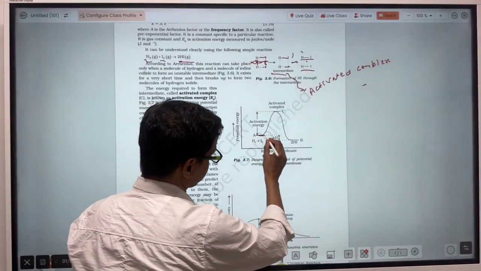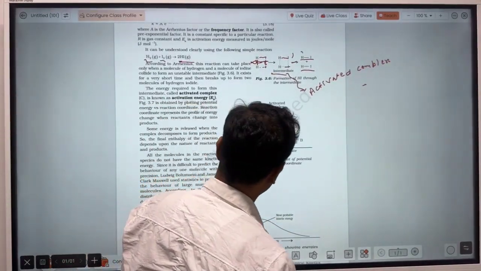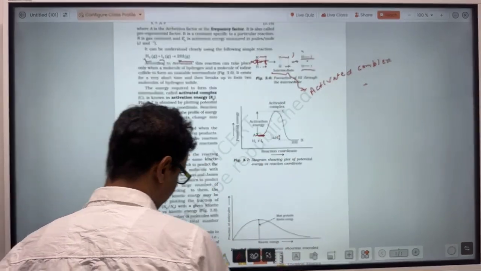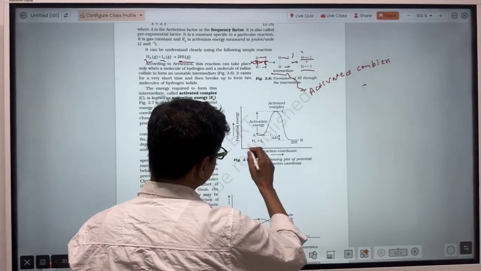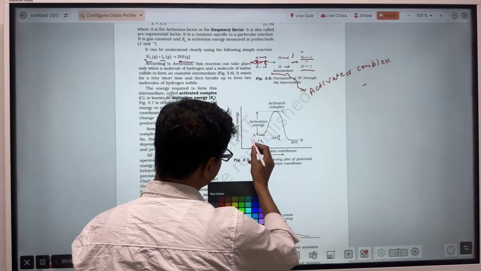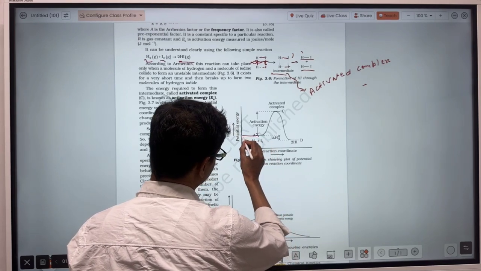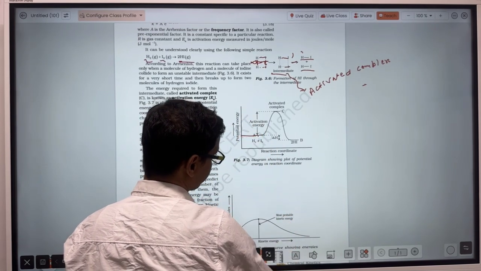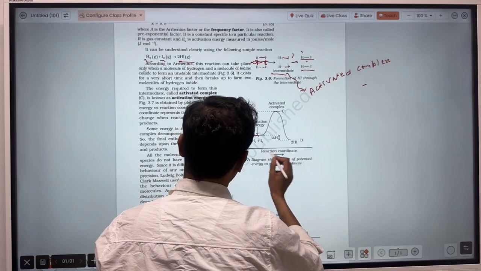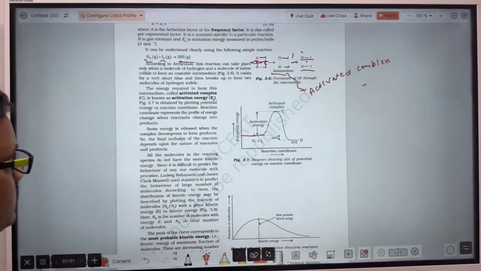This is the potential energy of the reactant. How do you calculate it? From this to this one. This is the graph of potential energy versus reaction coordinate.